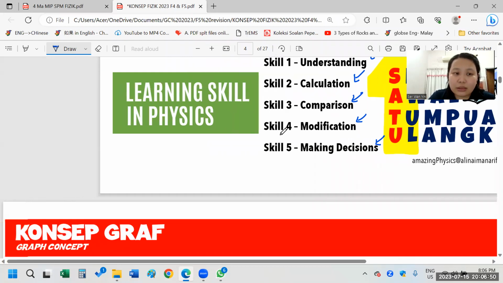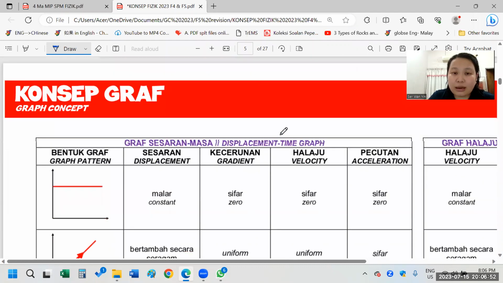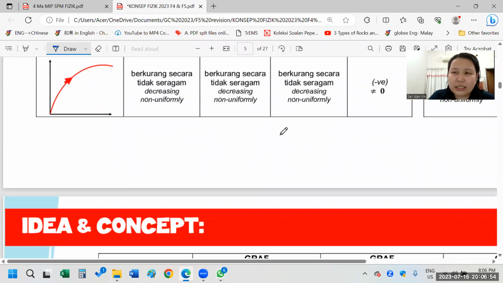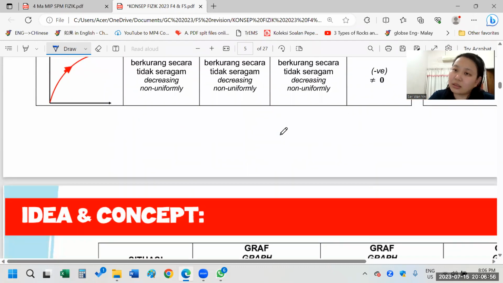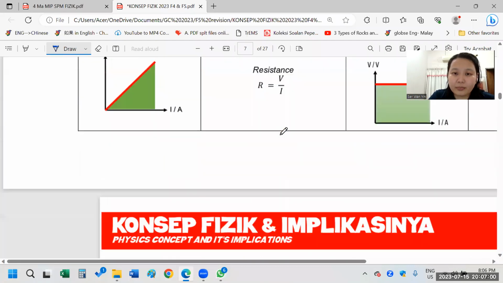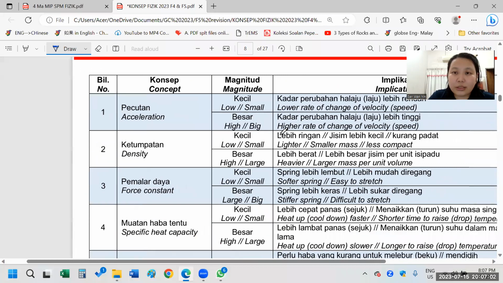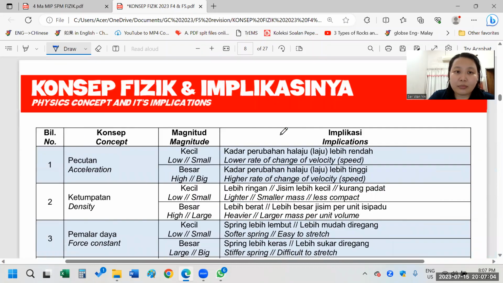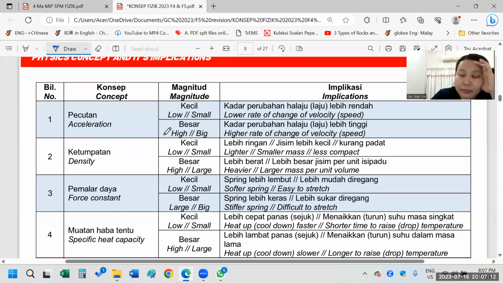All right, so now this is the concept graph. Since you all learn maths, this one will be easy for you. Now, here is some reason. Implication means the reason why you choose it for your modification. For example, you choose some material with low density and then you blank.